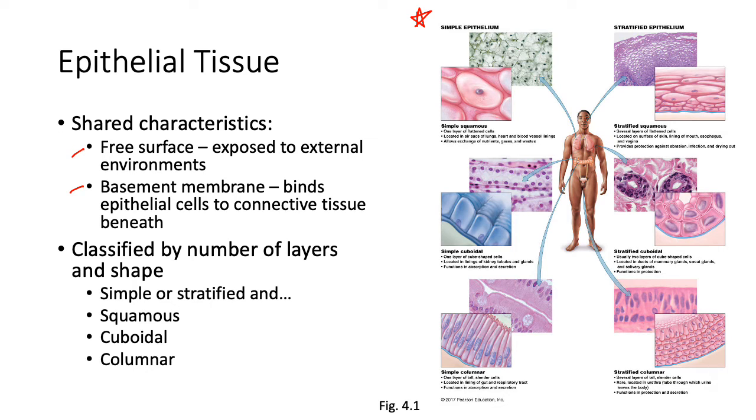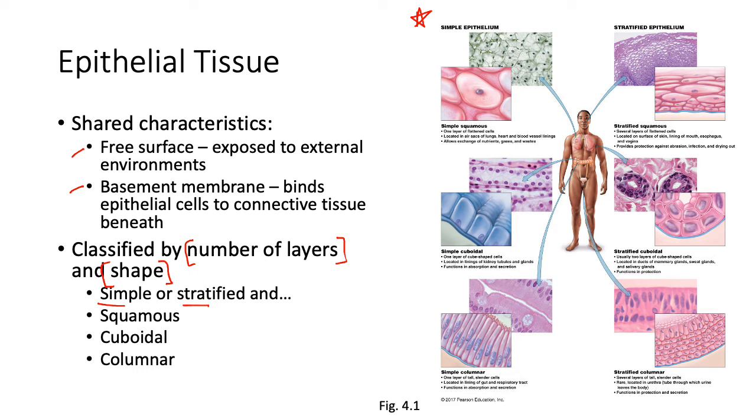But largely, you can see again from this figure that there are many different types of epithelial tissue, and they are typically classified by both the number of layers that we find in that tissue and also the shape of the cells themselves. So there are really 2 classifications based on the number of layers, and that is simple or stratified.